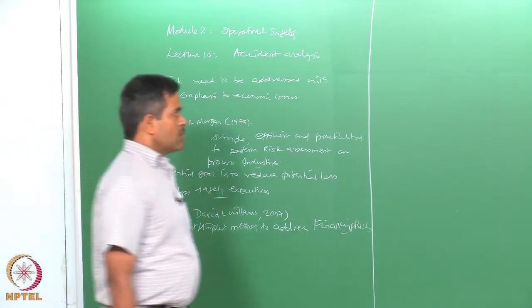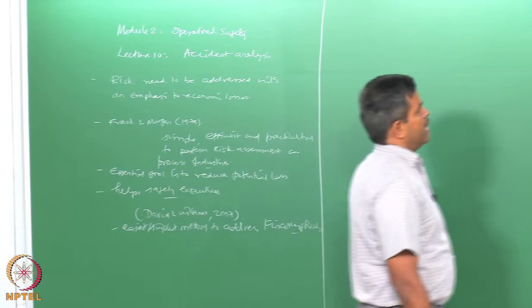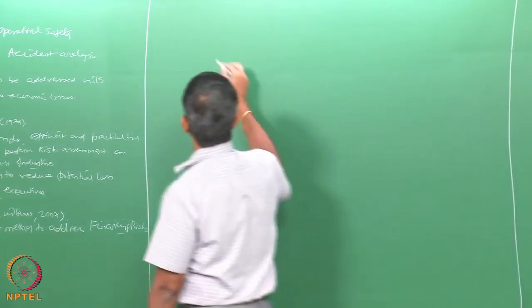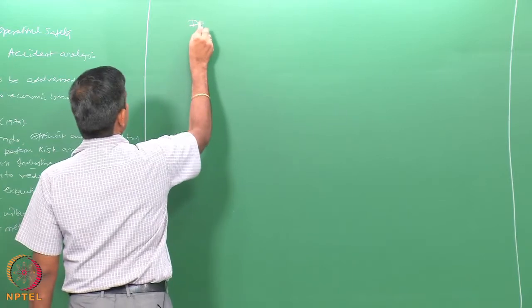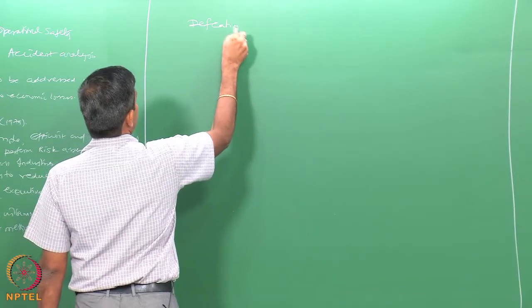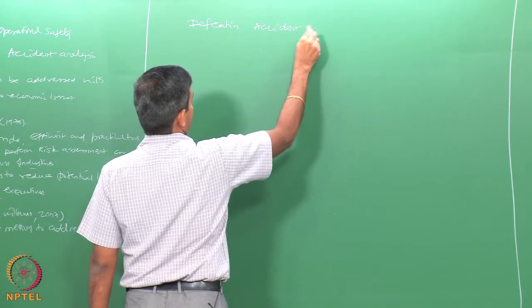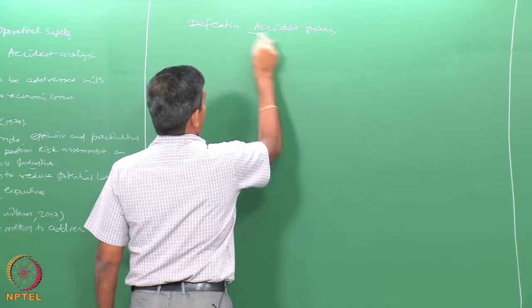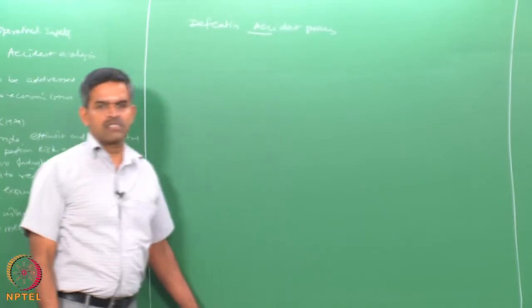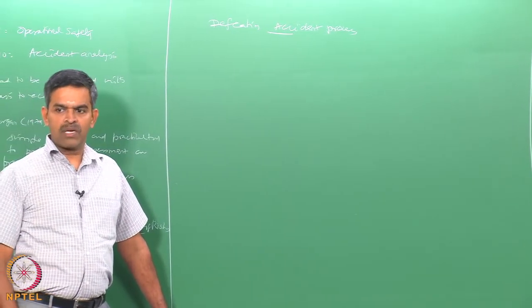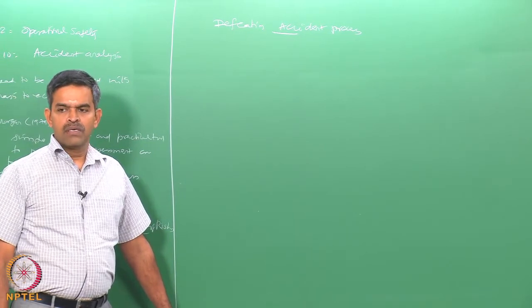Now, let us talk about some more definition and understanding on accident process. Let us say my objective is to defeat the accident process. At the first place, I do not want the accident to happen. What are the different steps that can be taken or considered during an accident?